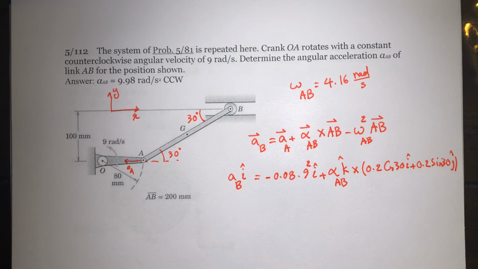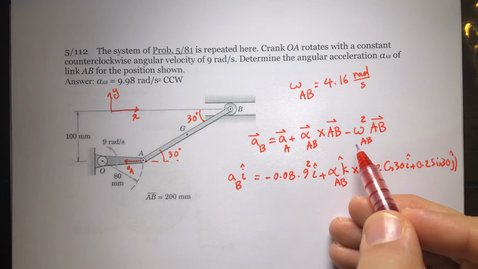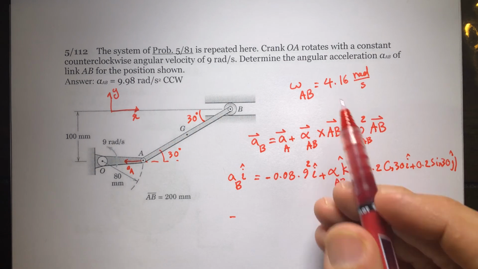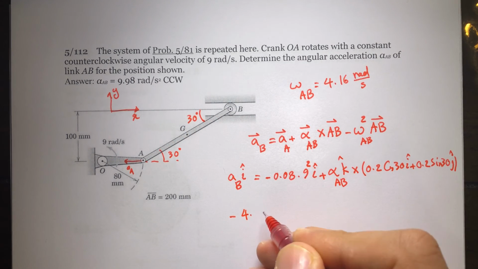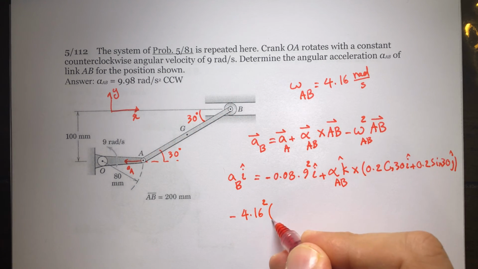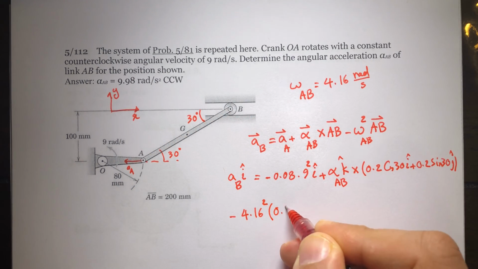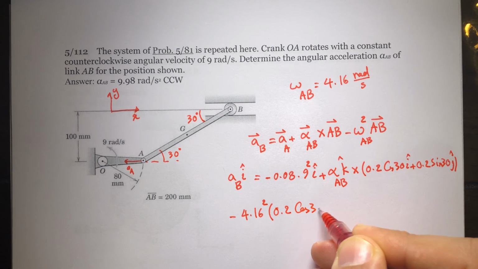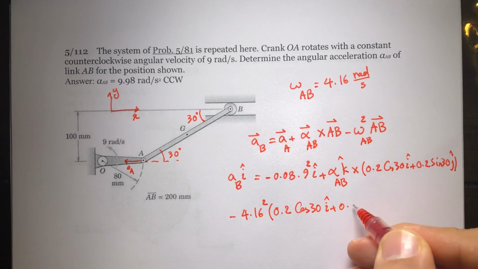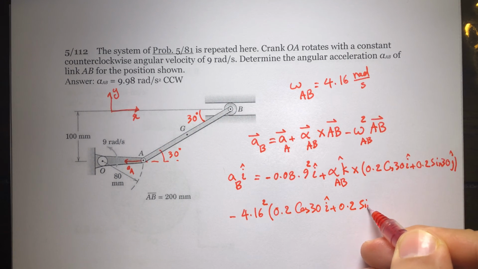Okay, and then we have this part as well, minus omega AB squared, so negative 4.16 squared times AB again. So again, 0.2 times cosine of 30 i hat plus 0.2 times sine of 30 j hat.